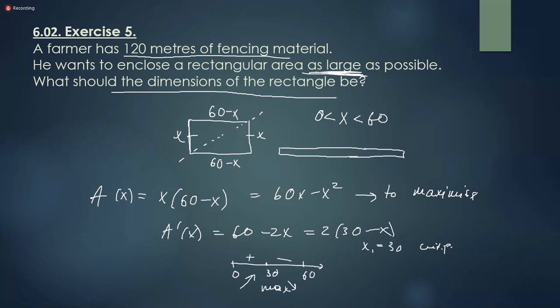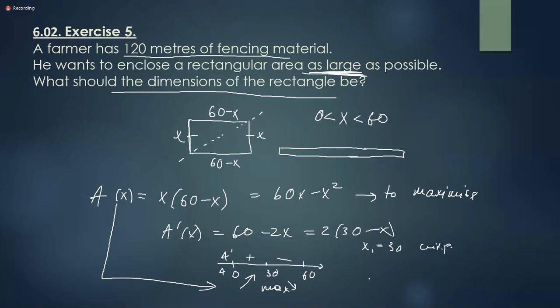In other words, this was the derivative and this was the function itself. The function itself is at its maximum if x is 30. 30 is the maximum point of this function, which means if x is 30, then 60 minus x is also 30.